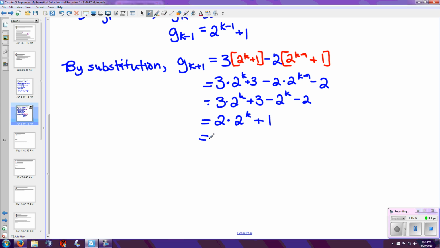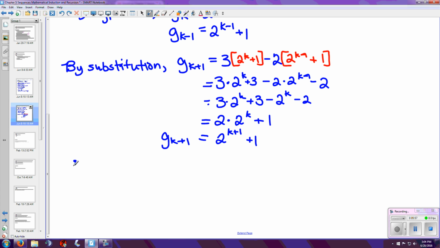And we're in the home stretch at this point. 2 times 2 to the k is 2 to the k plus 1, plus 1. So we have just shown that g sub k plus 1 is equal to 2 to the k plus 1 plus 1, which is the k plus first term. So if we were trying to show this is true for n equals k plus 1, that's what we have stated.